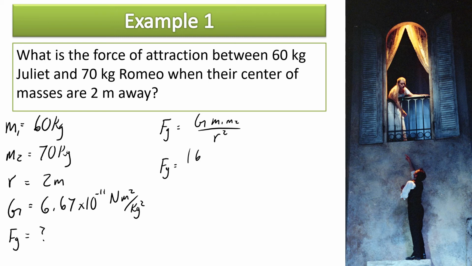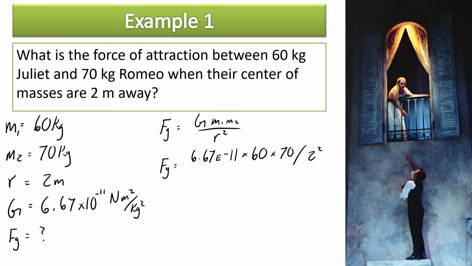Actually I'll write it like I would in the calculator. 6.67 E negative 11 times 60 times 70 divided by 2 squared. Just like that, okay? That's what you would plug in your calculator.